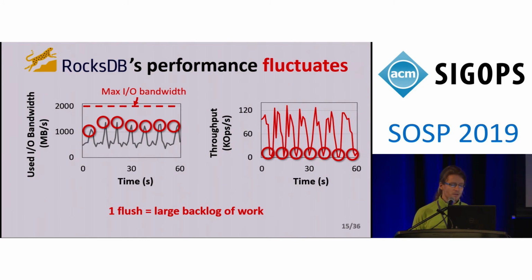Whenever there is a peak in bandwidth, there is a drop in throughput. This is due to compactions. Whenever RocksDB flushes a RAM component, it then needs to merge it, and this merge operation eats away CPU cycles and causes the throughput to drop. Historically, compactions have been well known to create I/O issues and disk issues, but now they also create CPU issues.